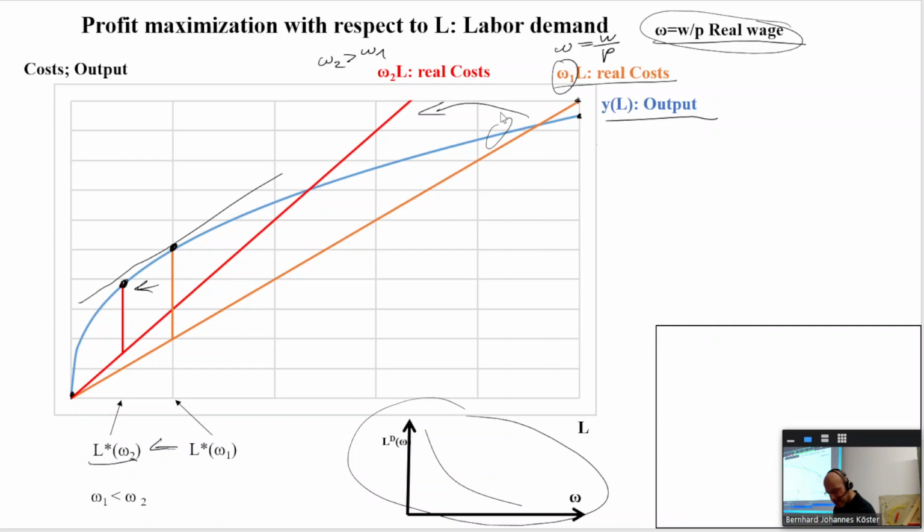Because then if we increase the costs, represented here by the linear line starting in the origin, if the prices are increasing, then this cost function is turning to the left with a larger slope, and we find that the profit optimum is also on the left side of the production function.